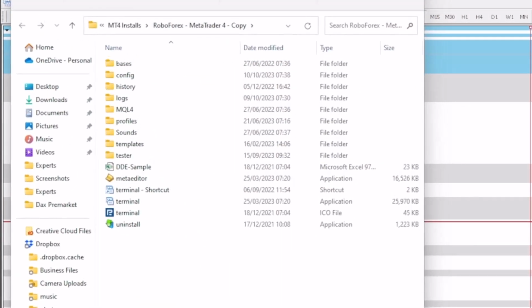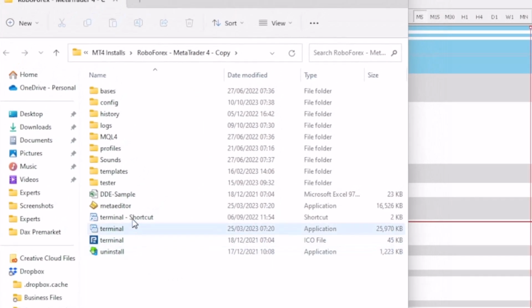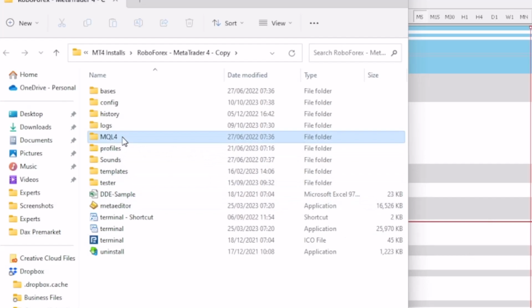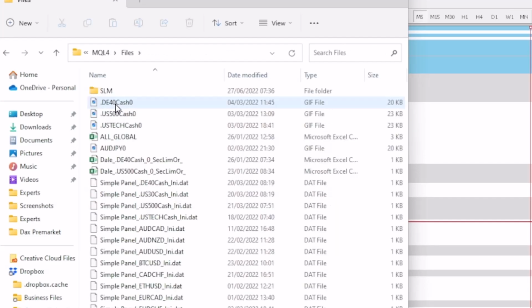You will find the files in one of 2 places. If you are on a live chart, it will be in the MQL4 Files folder, and you will have a folder in here called Stock Index SIM or Stock Index Hedge EA, and the screenshots will be stored in there.